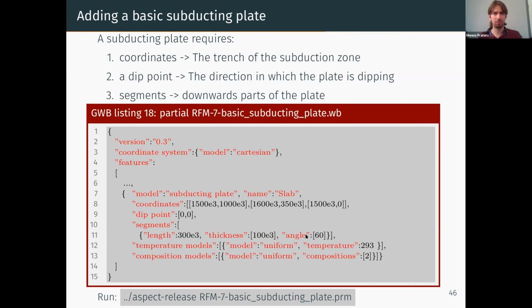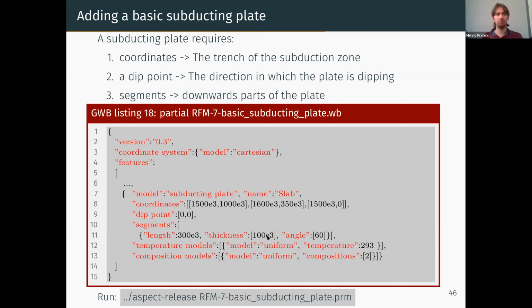It can contain more, which I'll show you later, but that's the minimum. And this defines a volume. So we have a line, an angle, a thickness and a length. And we know in which direction it's dipping. So with all these things, we define a volume.